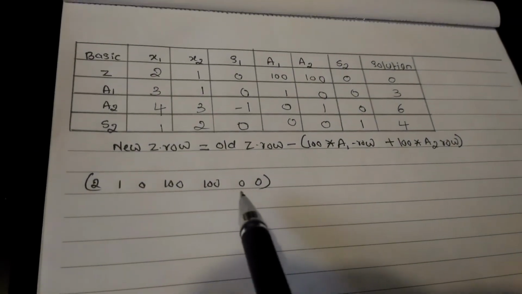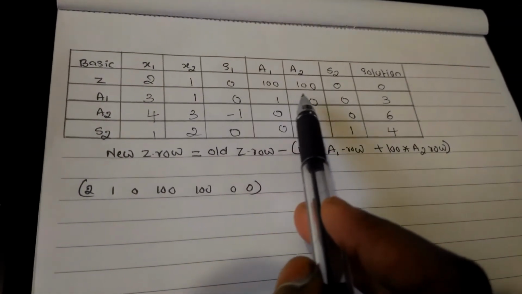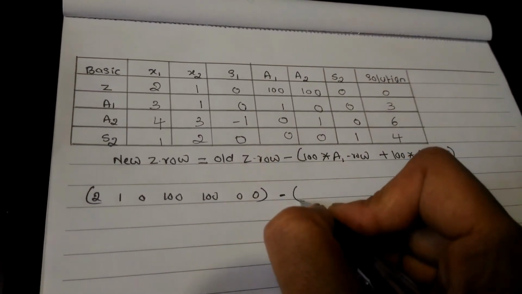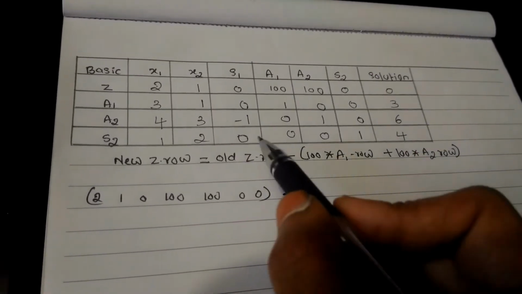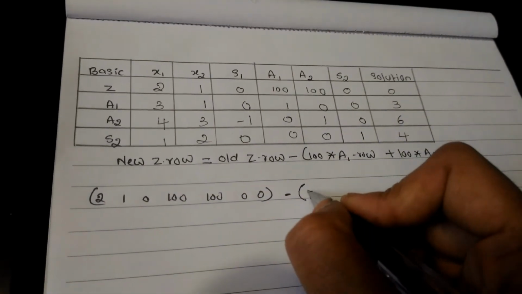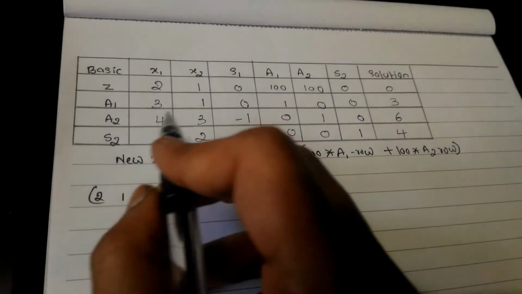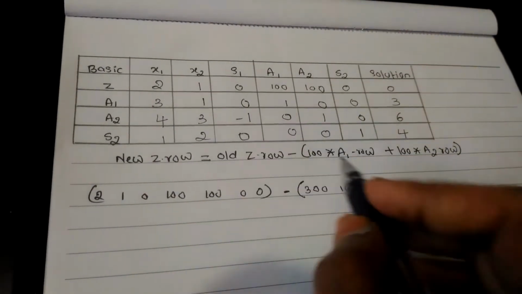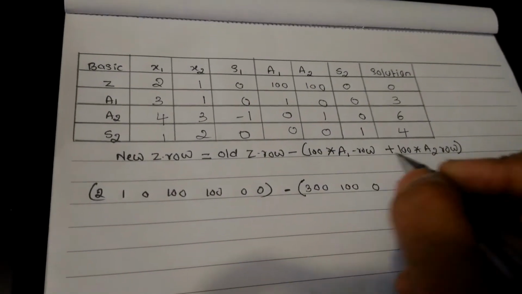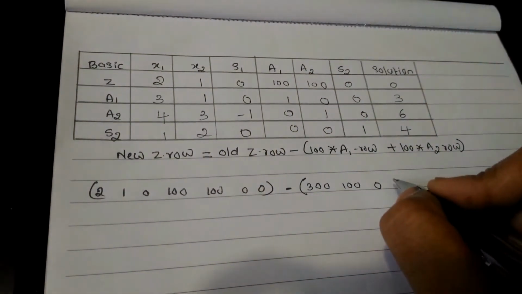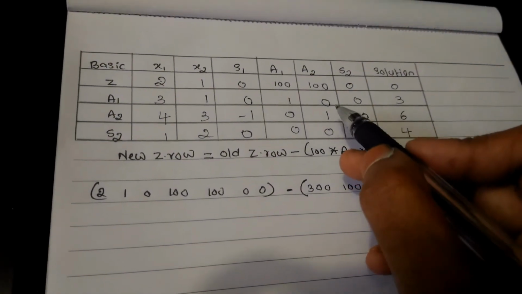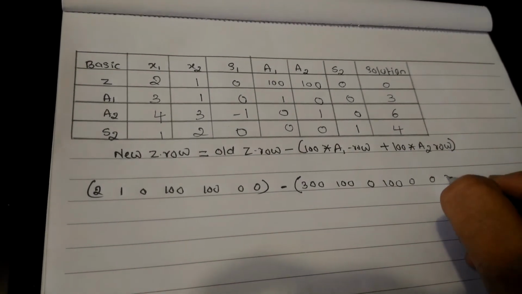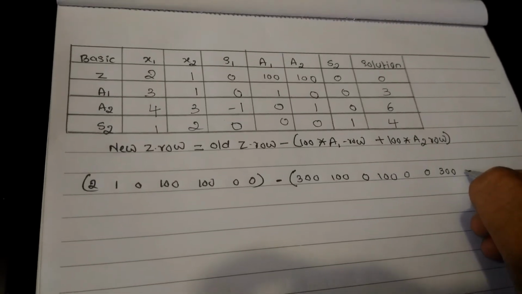Now these are the coefficients of the old z row minus 100 multiplied by all these coefficients in a1 row. 100 multiplied by 3 will be 300, 100 multiplied by 1 would be 100, 100 multiplied by 0 would be 0, 100 multiplied by 1 would be 100. Once again 100 multiplied by 0 is 0, 0, and 100 multiplied by 3 is 300.